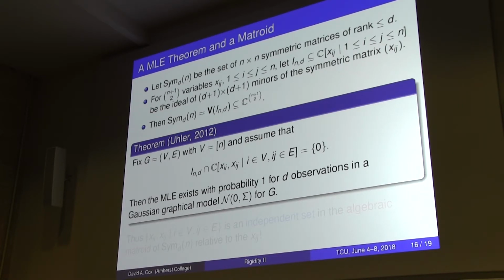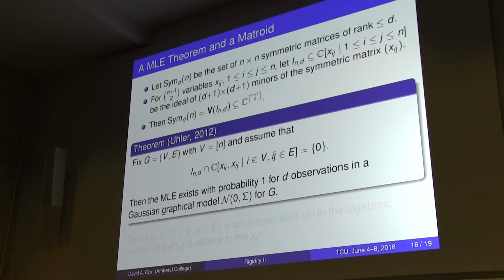And so that means that I actually have an algebraic matroid. Here's a theorem from Carroll and Euler in 2012. Suppose I have my graph, with the usual number of vertices, and suppose that I have this ideal, and suppose when I intersect it with a particular collection of variables, so I take all the diagonal entries, and also the off-diagonal ones that come from the edges, that the intersection is 0.